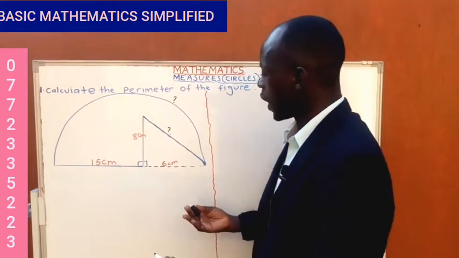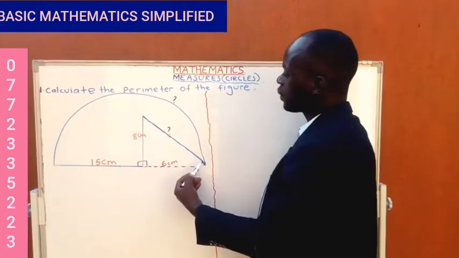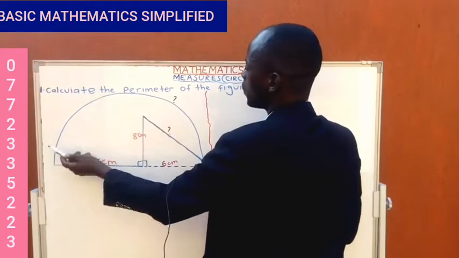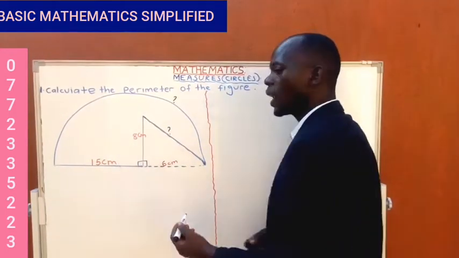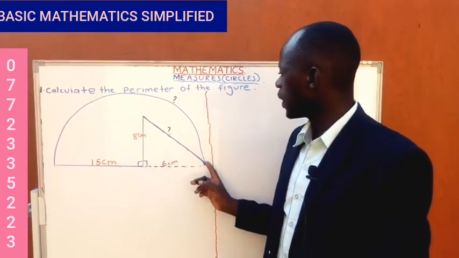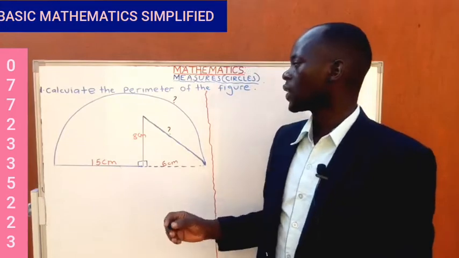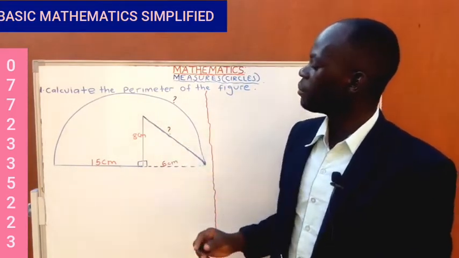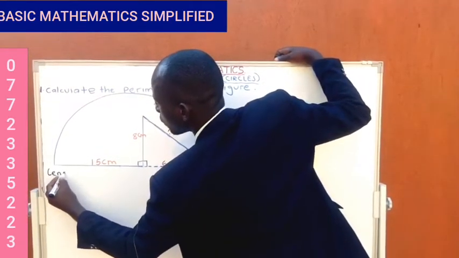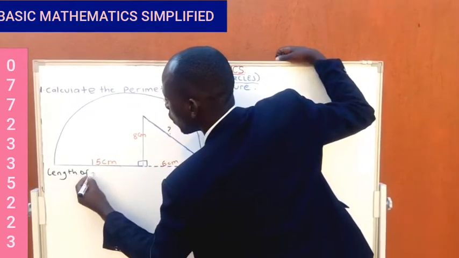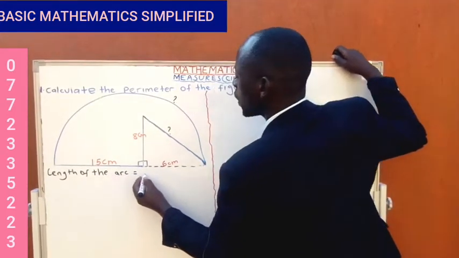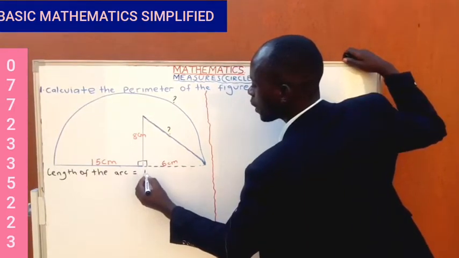So the first thing is we can choose either to calculate this distance first or the other distance first. Let us begin with this major arc. When we look at that major arc, it looks like a semicircle. So to calculate the length of the major arc, we say the length of the arc is given by a half.